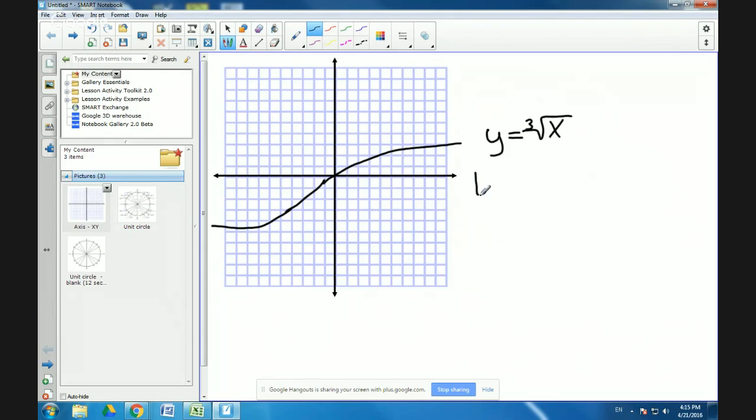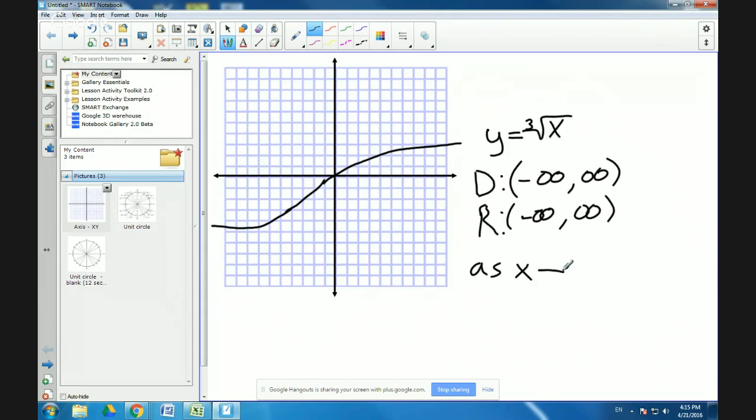For the domain, it's all the way from negative infinity to positive infinity. And the range, same thing: negative infinity to positive infinity. Then the end behavior: as x approaches infinity, y approaches infinity. And as x approaches negative infinity, y will approach negative infinity.